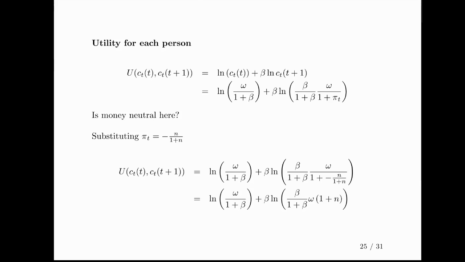Usually in economics, we say that prices don't matter, because if I double the income of everybody but double the prices, then it shouldn't affect utility. Here I'm asking, is that the case or not? Here the money is not neutral.